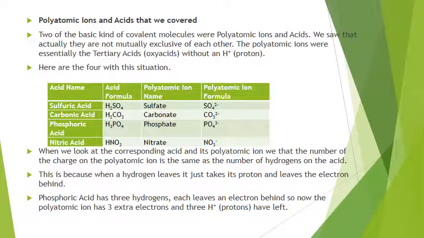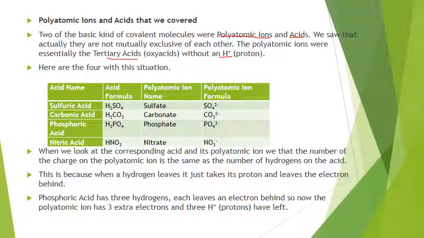Polyatomic ions and acids that we covered are two of the basic kinds of covalent molecules. You saw that actually they are not mutually exclusive. Polyatomic ions were essentially ternary acids without an H plus.